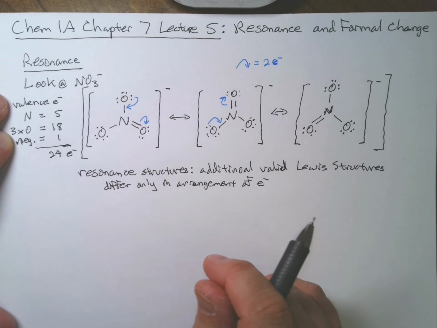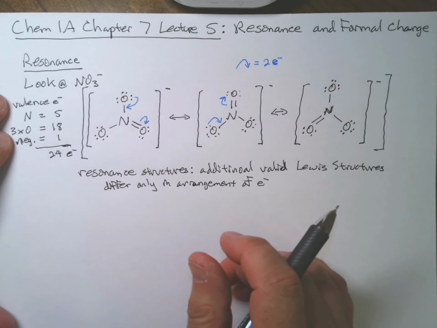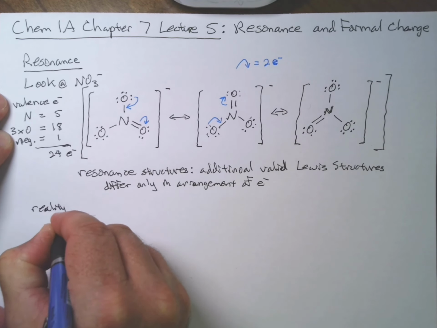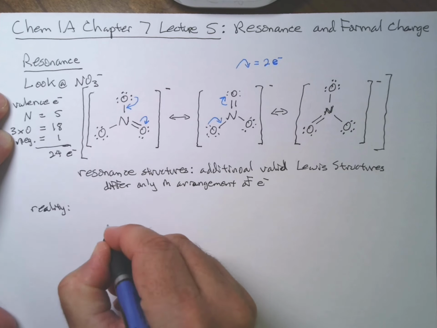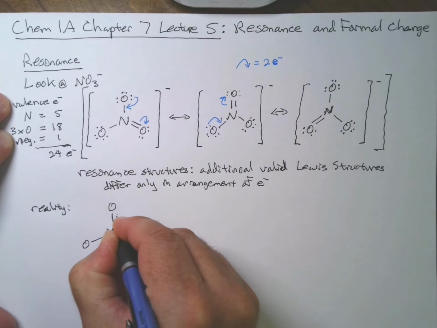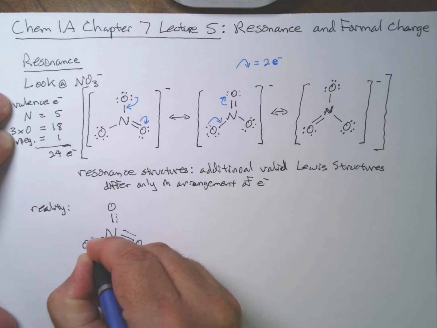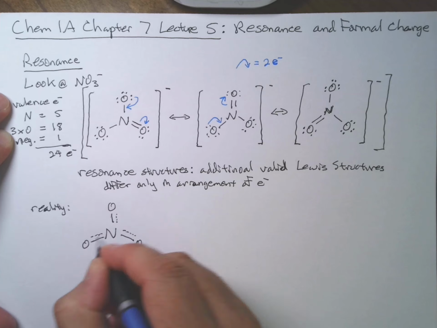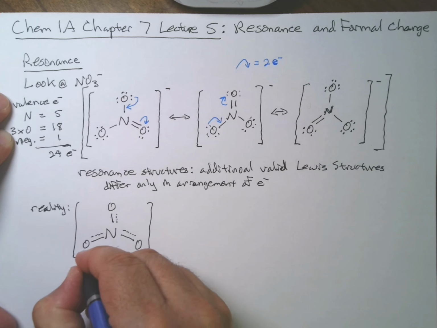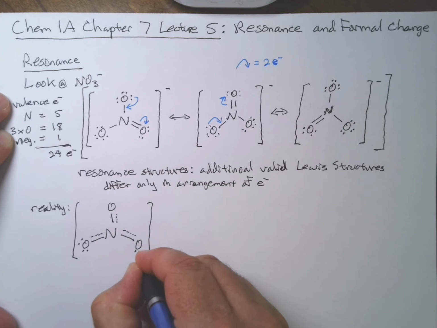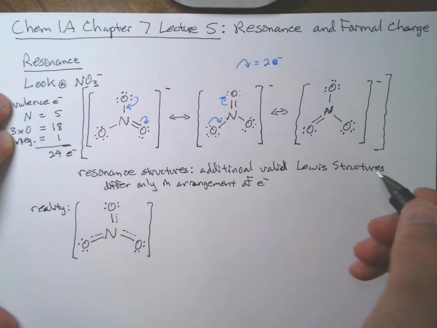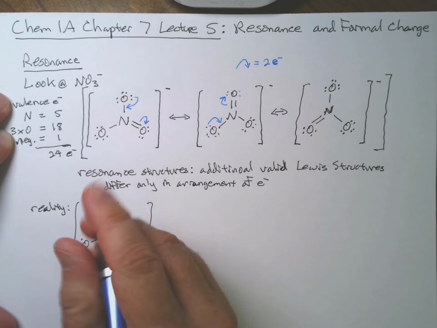And it turns out that this is a more accurate picture. In reality, what we have is a nitrogen with 3 oxygens bonded to it, and then the electrons are somehow distributed.